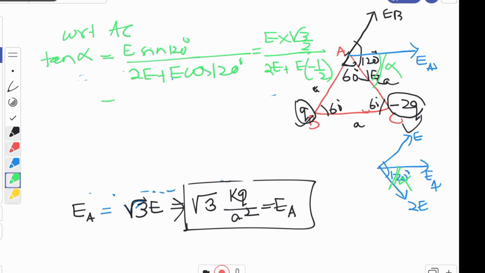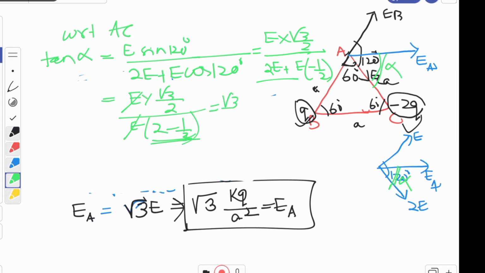So tan alpha will be E into root 3 by 2; from the denominator take E common, so you will write 2 minus half. That means E gets cancelled. So 2 minus half means how much? 4 minus 1, so 3 by 2.